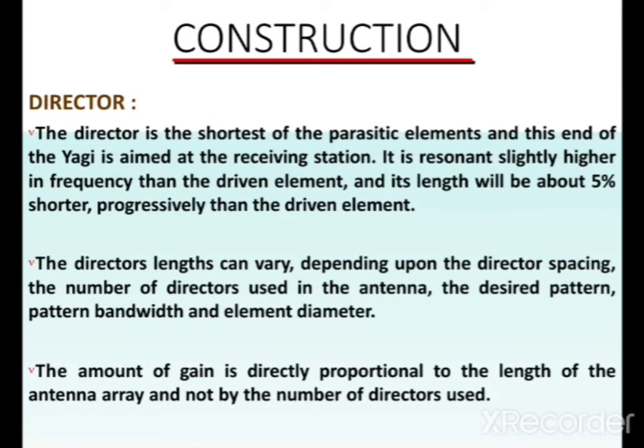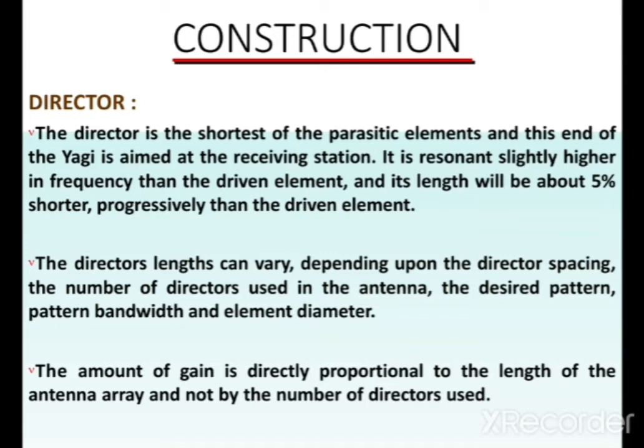So now the construction of the director. The director is the shortest of the parasitic elements, and this end of the Yagi-Uda is aimed at the receiving station. It has a resonance slightly higher in frequency than the driven element, and its length will be about 5% shorter than the driven element, and it progressively increases the directivity, with each director progressively shorter than the driven element.